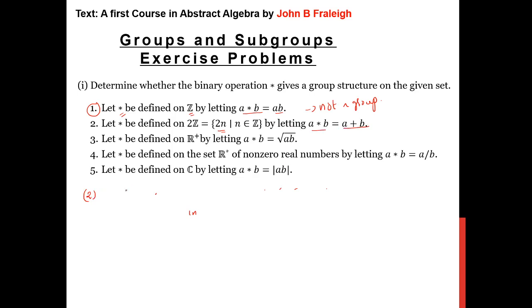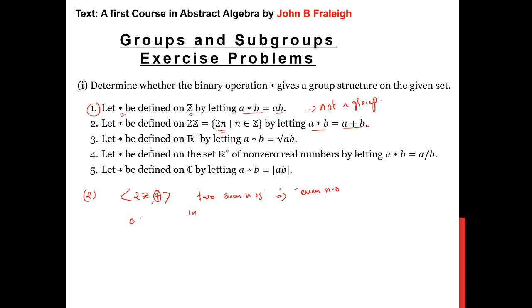So our set is 2Z and the binary operation is plus. If we add two even numbers, the result will be an even number. Therefore, it is closed under plus. And we also know that plus is an associative binary operation.